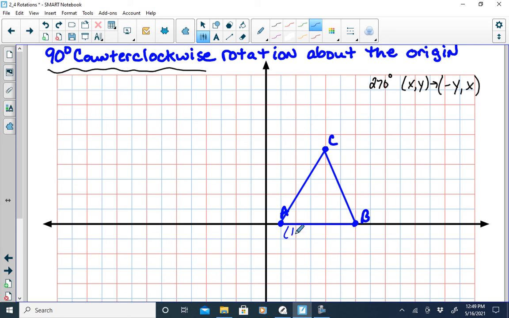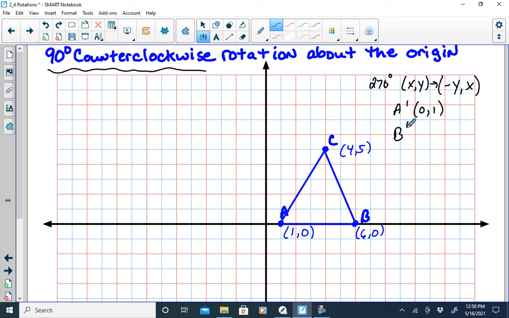B is located at 6 comma 0. And C is located at 4 comma 5. A prime would then be located at opposite y comma x. Well, the opposite of the y value and then the x value, that's going to be 0 comma 1.